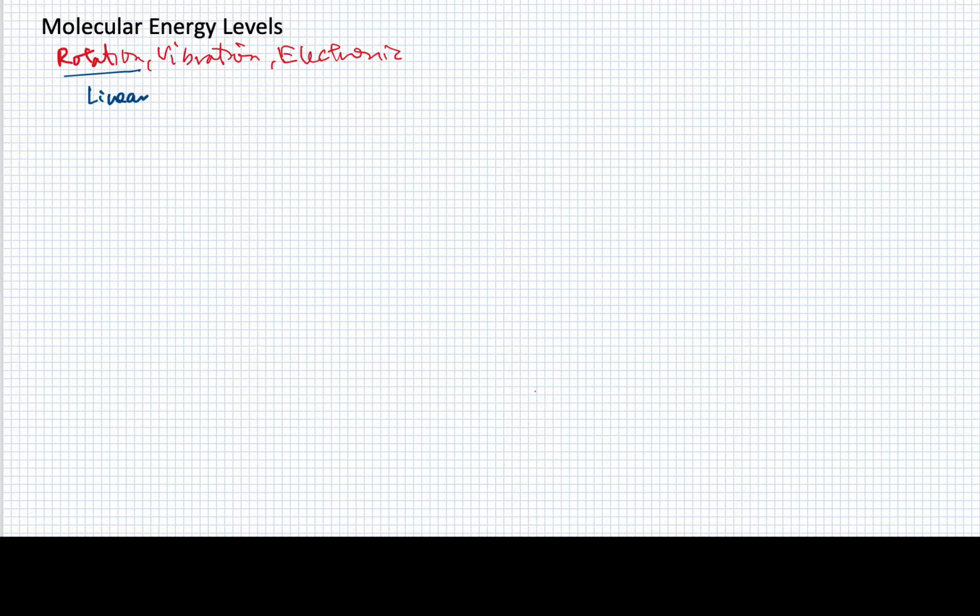These linear energy levels for rotation are going to be given by, again, Planck's constant squared over 2I, where I is the moment of inertia of the linear molecule, and it's going to be multiplied by J times J plus 1. And this J is an angular momentum quantum number. So it is the thing that will vary from one state to another. And it can take on values of 0, 1, 2, and so forth.